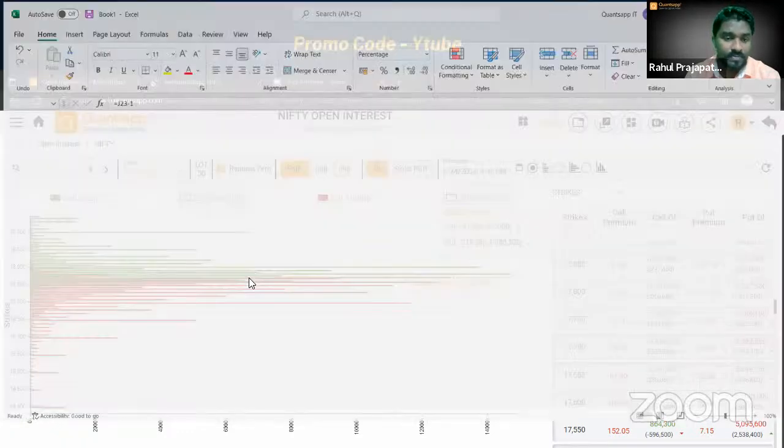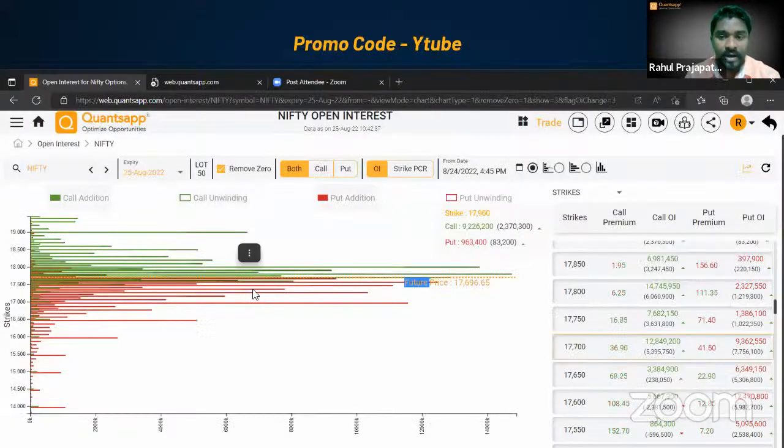Now see, the market is trading right now exactly at 17,000.